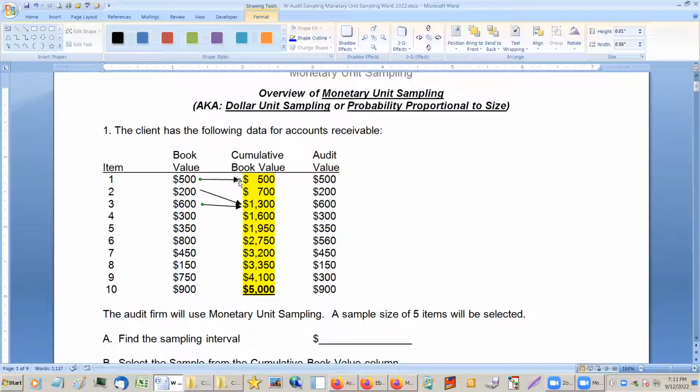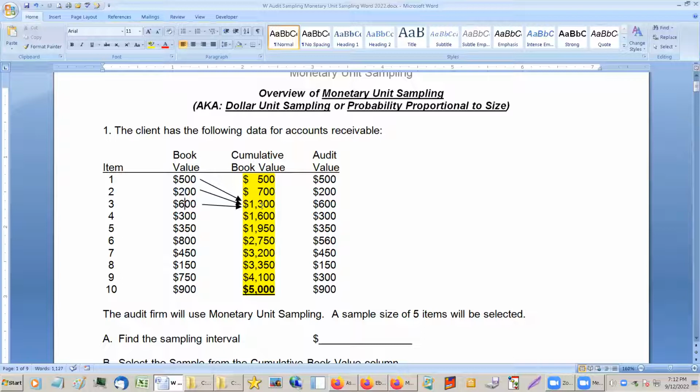So it's just cumulative. In other words, by the time you get to the third item, all three of those together would be equal to that. And in total, the total book value of these accounts receivable is $5,000.